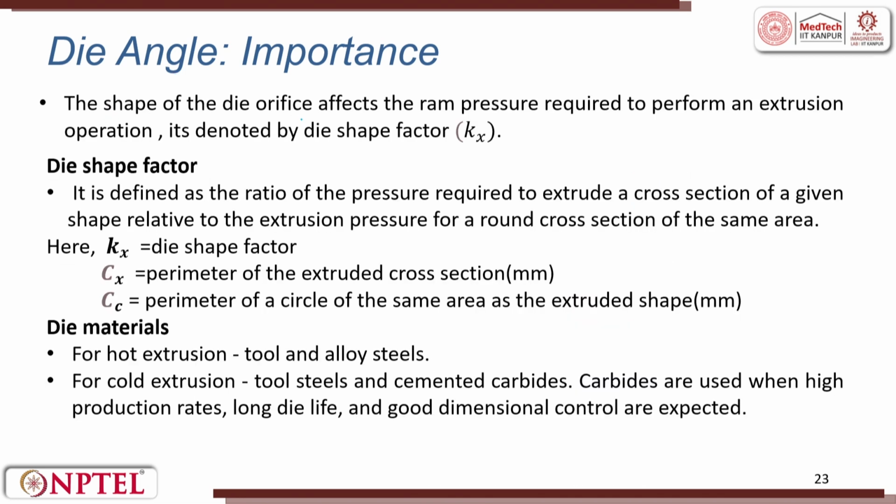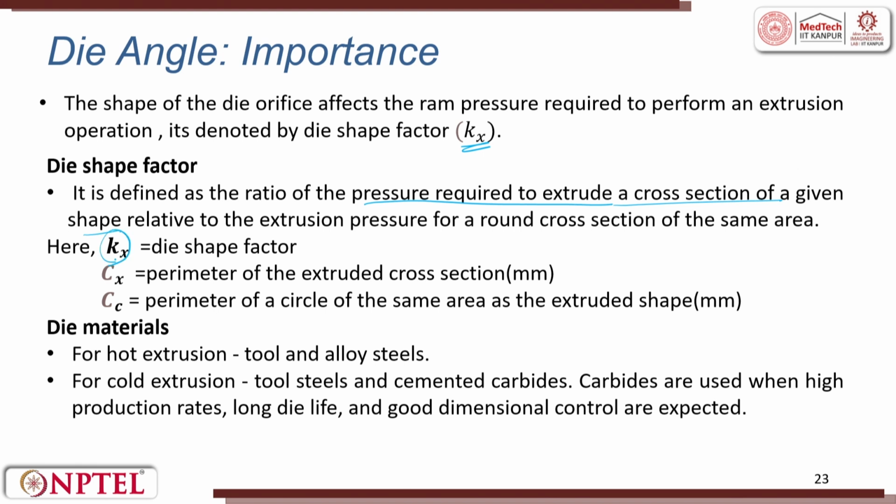The shape of the die orifice affects the ram pressure required to perform an extrusion operation. The shape factor plays an important role, which is Kx. Die shape factor is defined as a ratio of the pressure required to extrude a cross section of a given shape.